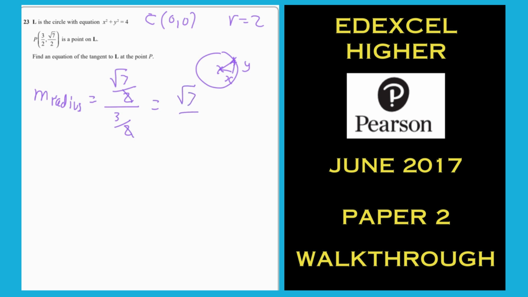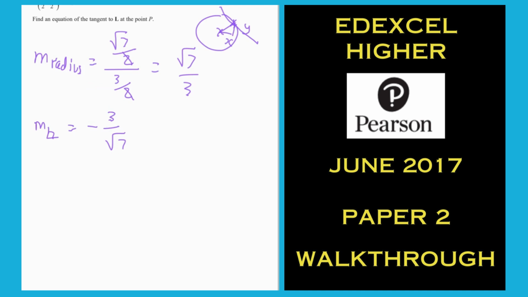It's root 7 over 3. Just leave it like that. Don't need a decimal. And don't forget, that's the radius gradient. What about the gradient of the tangent? It's the perpendicular. It's the negative reciprocal. Change the sign and flip.